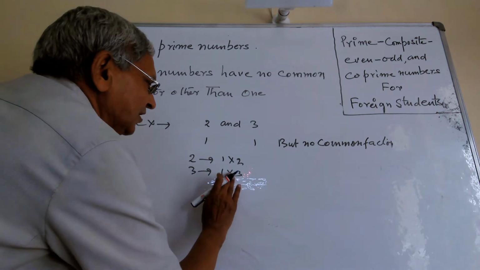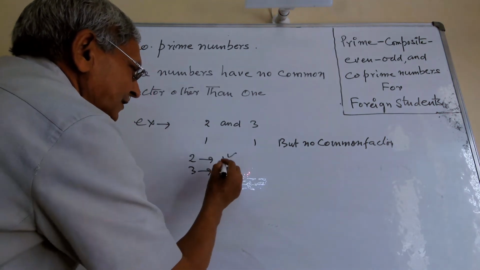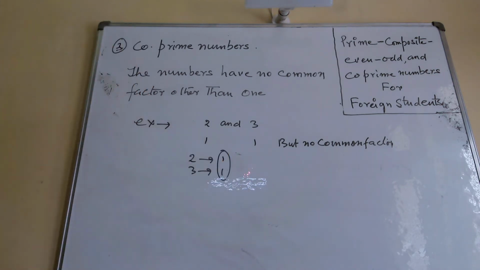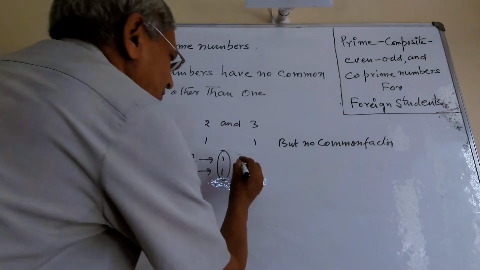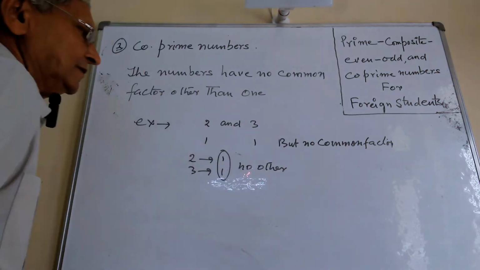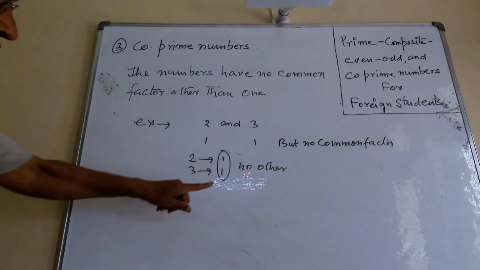Or you can say 2 and 3 have 1 common factor, no other common factor.